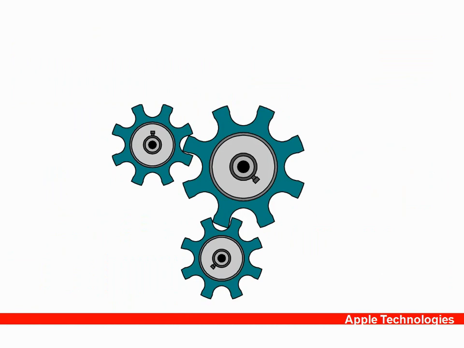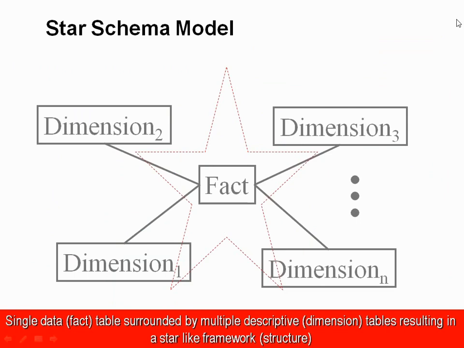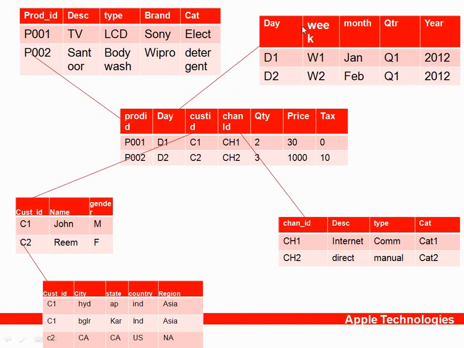At the same time, we can also have dimension tables created in normalized structures. It means the same customer table we had previously, one dimension table, I am splitting into two dimension tables. Previously all this information was kept in a single table, but right now I have split it into two tables.